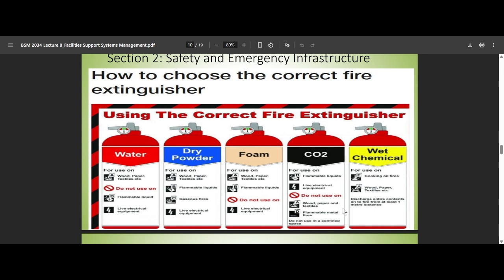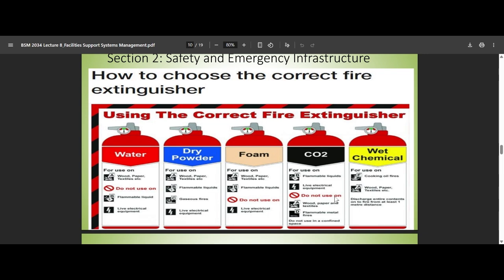And CO2 here, more importantly, do not use on wood, paper, and textiles, and flammable metal fires. So therefore, going back to the dry powder, it is the most commonly used fire extinguisher, because it covers a lot of types of fire. Now, wet chemical, you use it for cooking oil fires, wood, paper, and textiles.